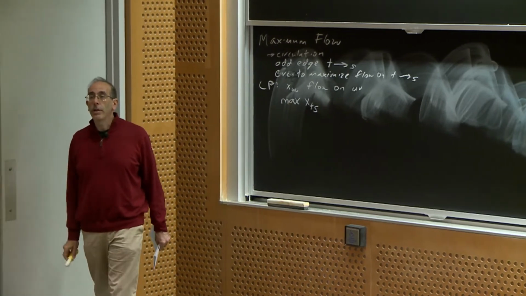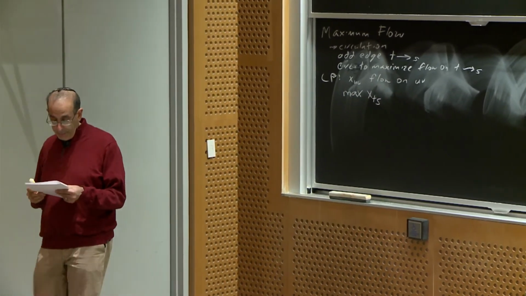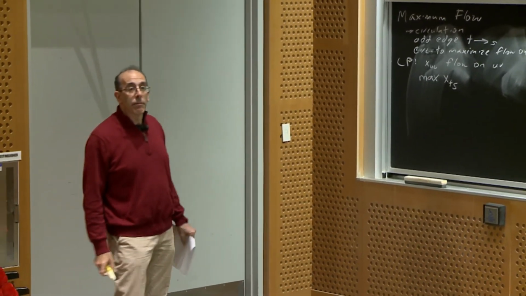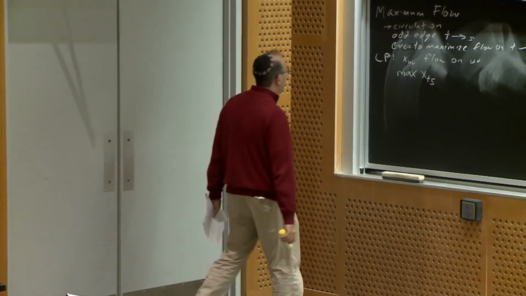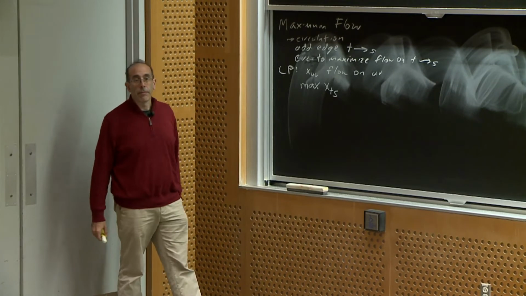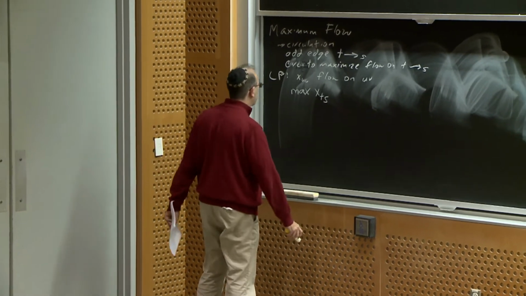And now, what are the constraints? Yes. Capacity constraints on each edge. Good. So how do we write those? X_UV is less than capacity of UV.